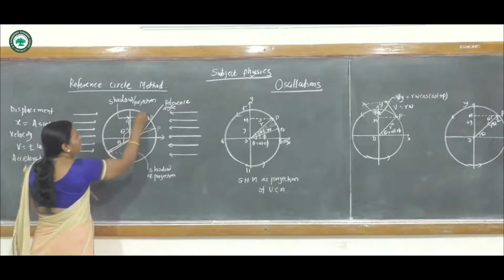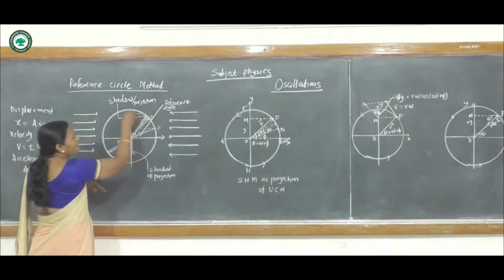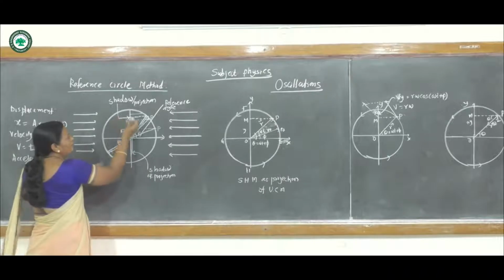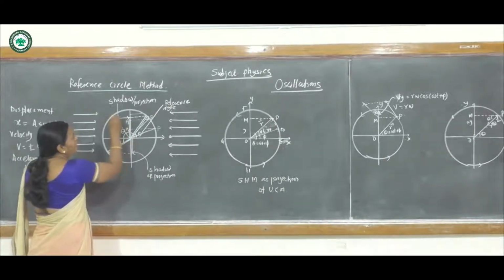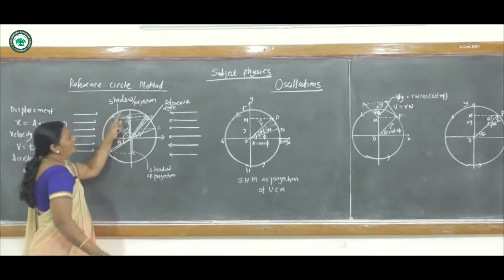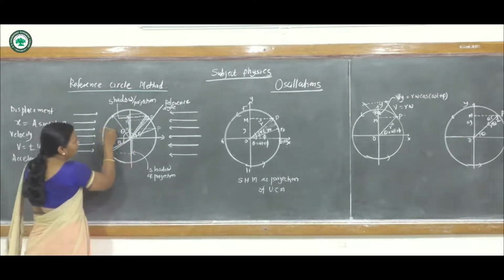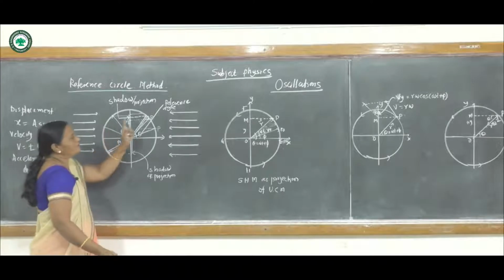Suppose again the particle is here, the projection is on the diameter. Suppose the particle is here, then again the projection of the particle is on this diameter. The light is used for the shadowing.